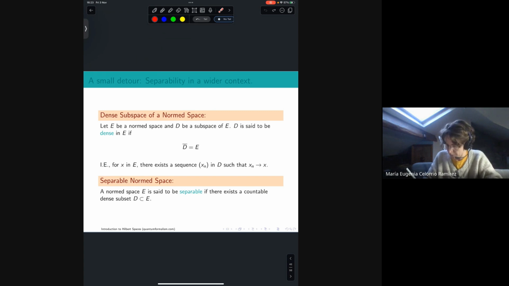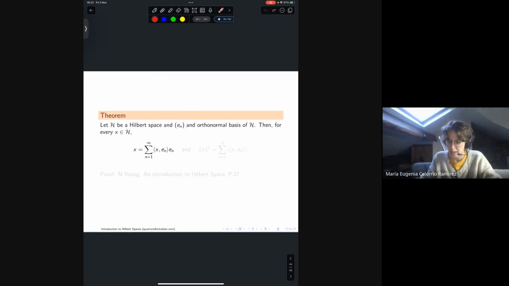So basically, when we have a Hilbert space and an orthonormal basis of this Hilbert space, we can write every element as this infinite sum. These are the coordinates over the vector e_n, and this is the projection of the vector x over the vector e_n.